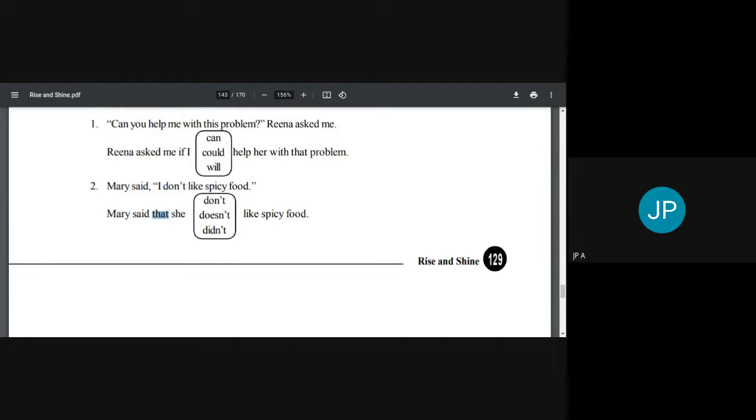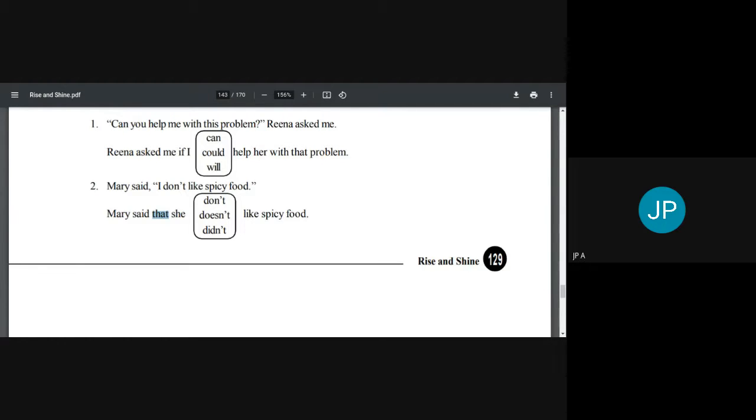And if it is an imperative sentence, what are imperative sentences? Imperative sentences are requests or commands. With imperative sentences, we use to. That is what we use with imperative sentences. To is used. So with plain statements and exclamatory sentences, we use that.